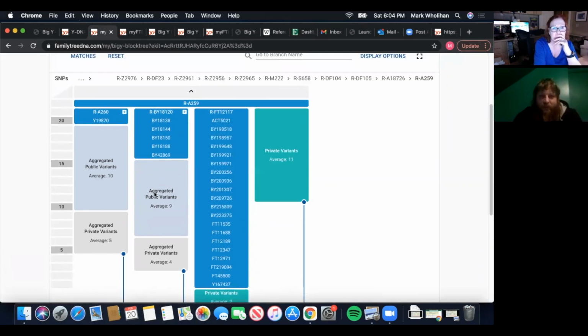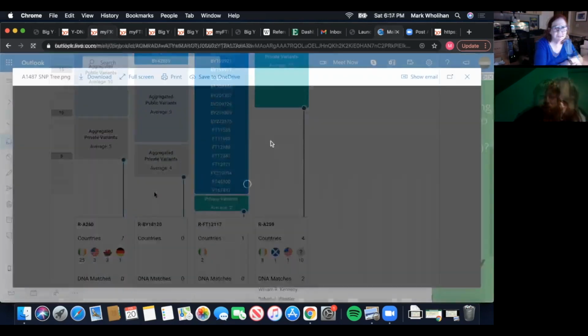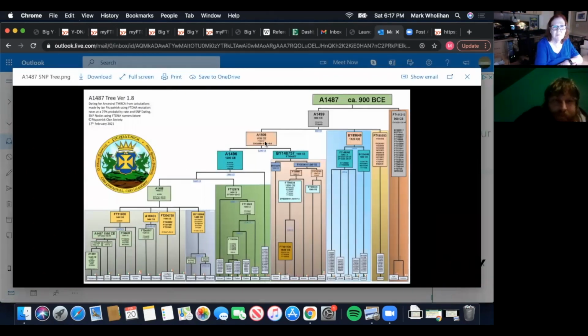If you can zoom in on the file, down at the bottom it lists the surnames that they have associated with those branches.